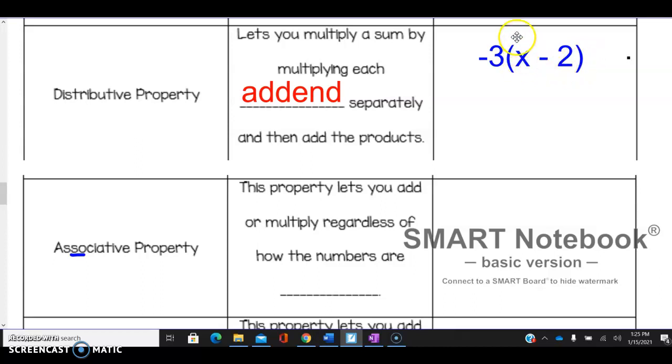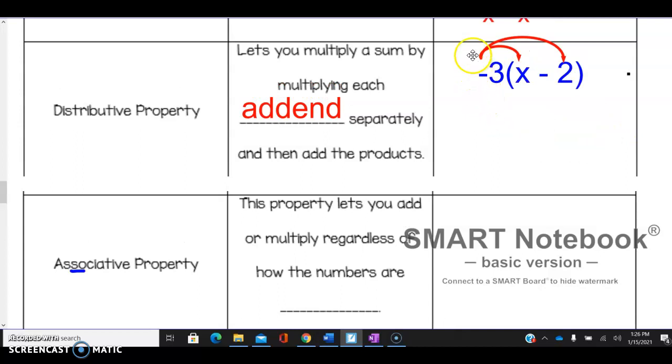However, we can use the distributive property to multiply that -3 to both terms inside the parentheses. So I'm going to multiply the -3 times the x, and I'm going to multiply the -3 times the -2. -3 times x is -3x, and a negative times a negative is a positive, so 3 times 2, we have 6 here.